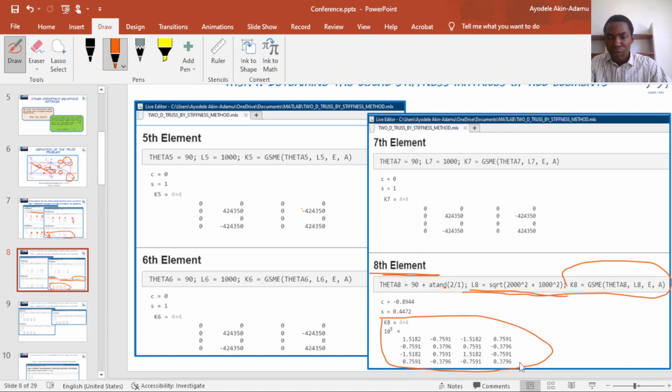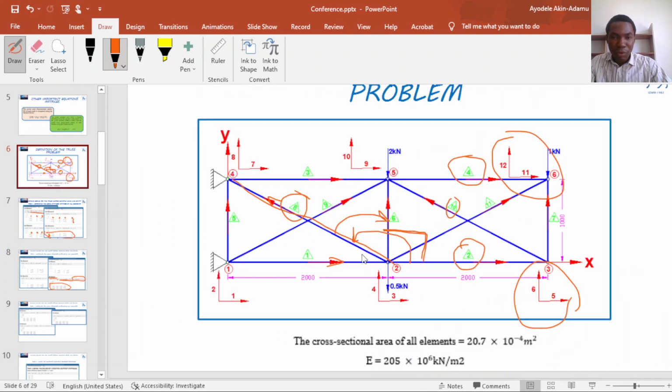So this is the local stiffness matrix, and the numbering will be, let me check, 3, 4, 7, and 8. I just want to give a thorough explanation so that everybody understands. Element 8, because the arrow is pointing from node 2 to node 4, has 4 degrees of freedom.